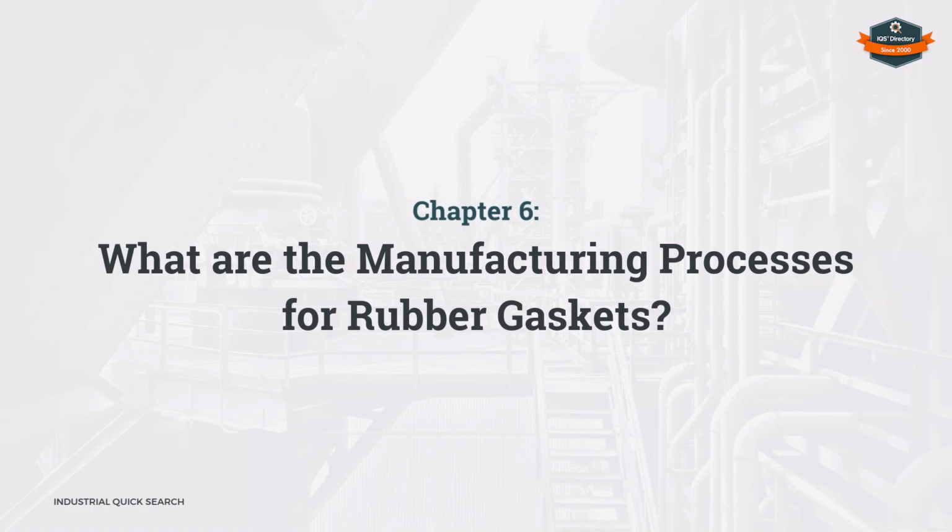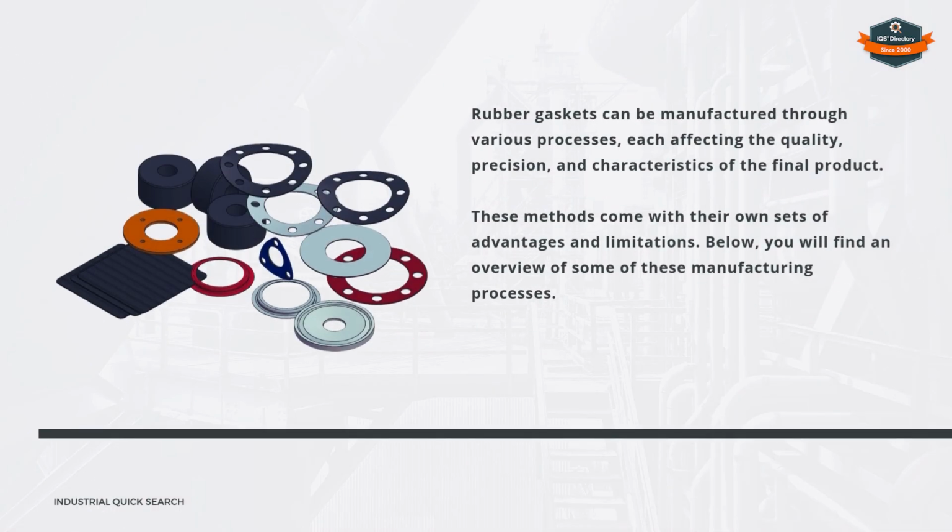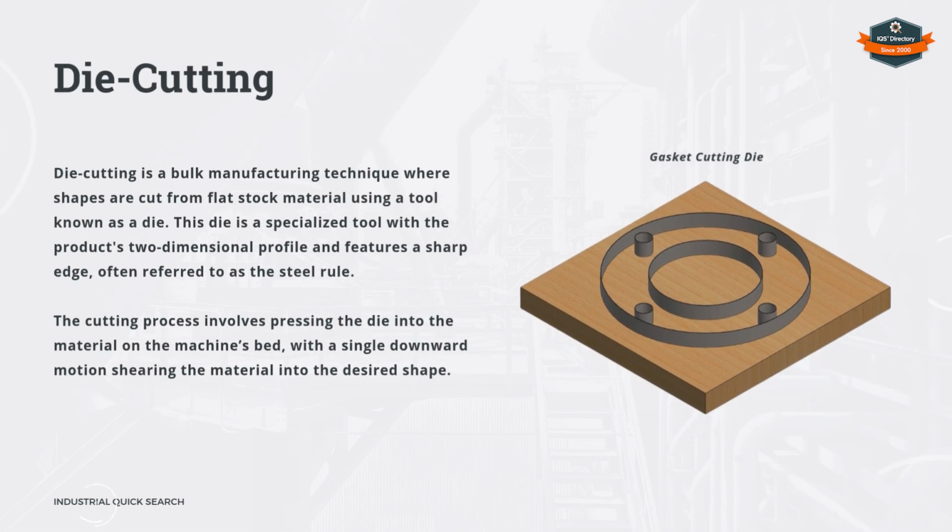Chapter 6. What are the manufacturing processes for rubber gaskets? Die cutting.